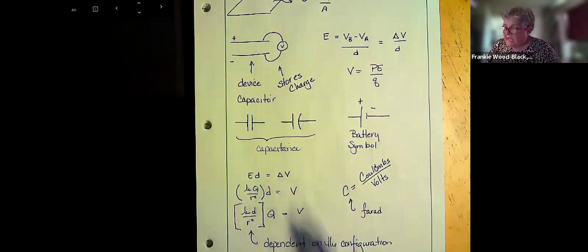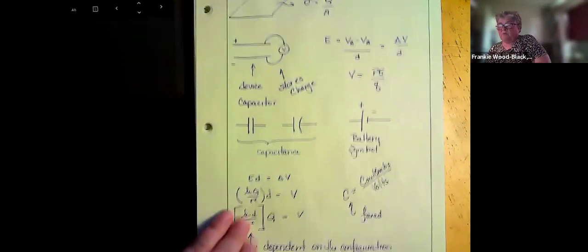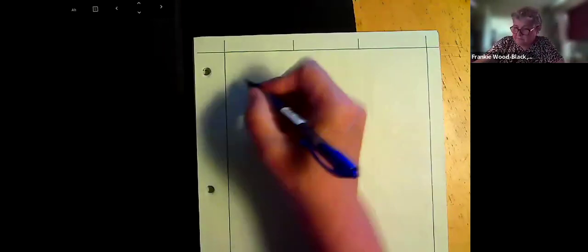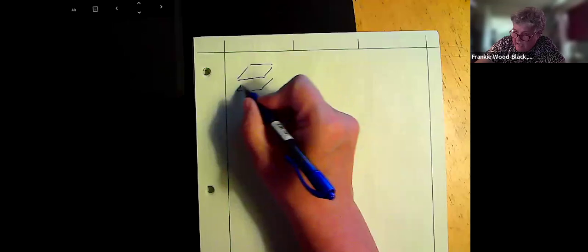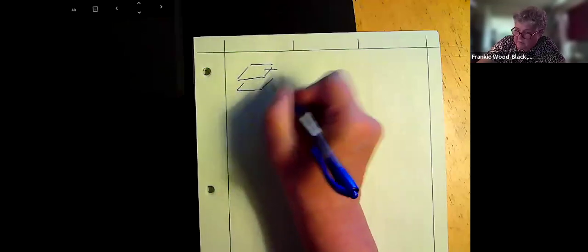So we can play with these, and what we end up doing is talking about parallel plate capacitors. A parallel plate capacitor just looks like this. I have two conducting materials, and I'm going to be able to apply a voltage across.